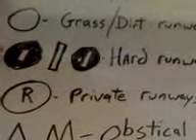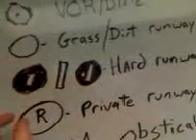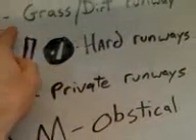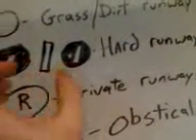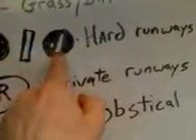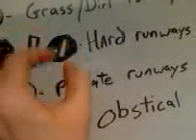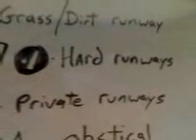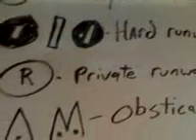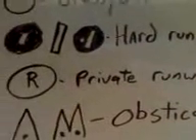A circle where you can see the runway inside of it, or there's a big black line around the outside of the runway, or there's a dot and a clear runway inside of a circle, all mean different types of hard runways and different lengths. A circle with an R on it means a private airport or private runways.